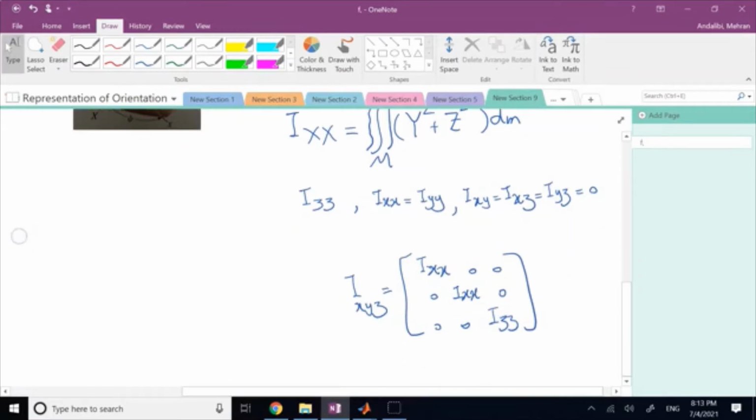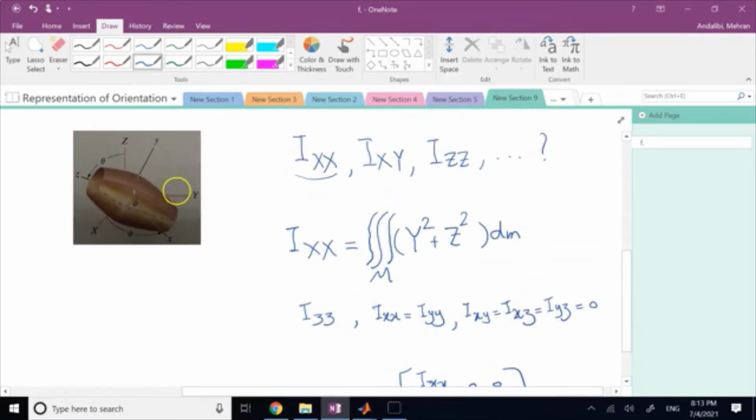But if I ask you, what about the capital frame? Well, that's not that easy. Because about the capital frame here, first of all, none of those axes, capital XYZ, is an axis of symmetry. Second of all, as this object keeps rotating, the orientation of the rigid body with respect to the capital XYZ would change. So those guys will not be constant. They will have time derivative.